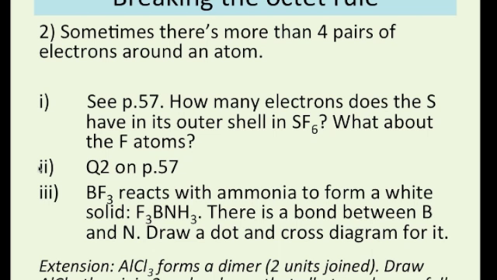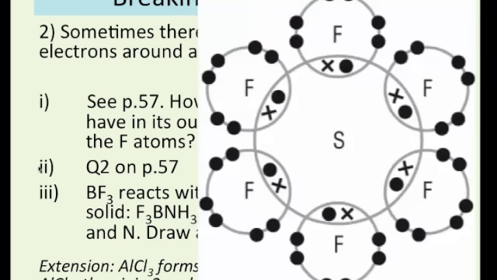Sometimes you end up with an atom that has more than 4 electron pairs in it. If you look at page 57 in the textbook, if you look at SF6, you've got an example there of sulfur with 12 electrons, 6 bonds.